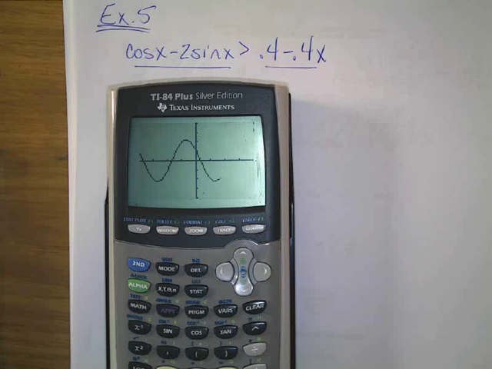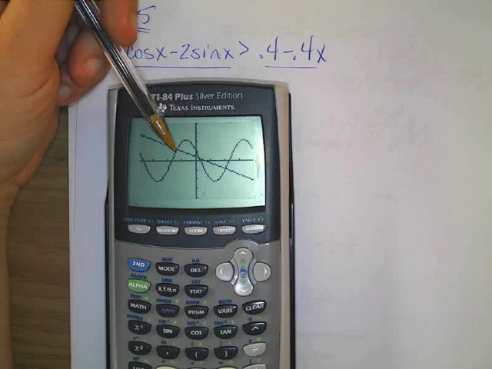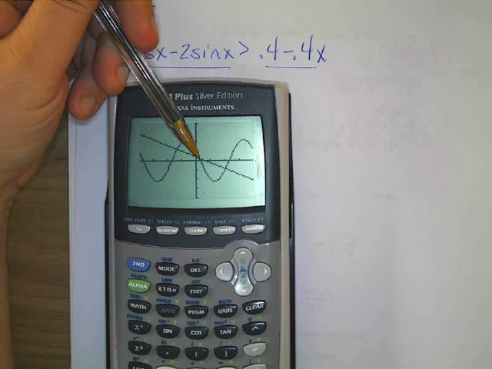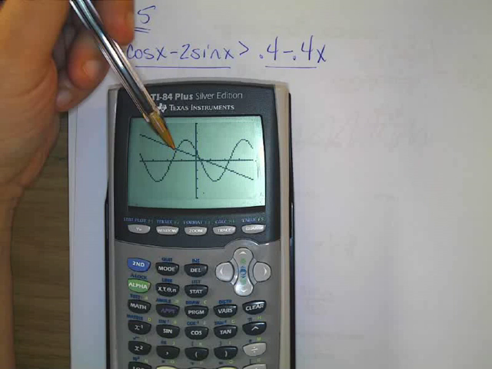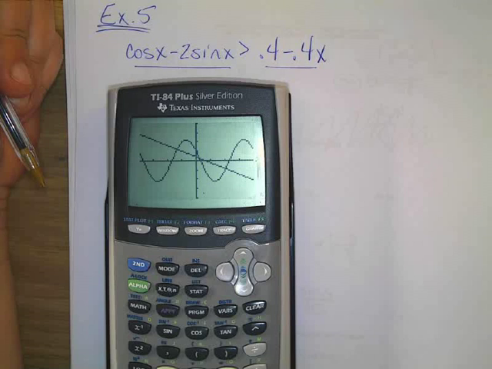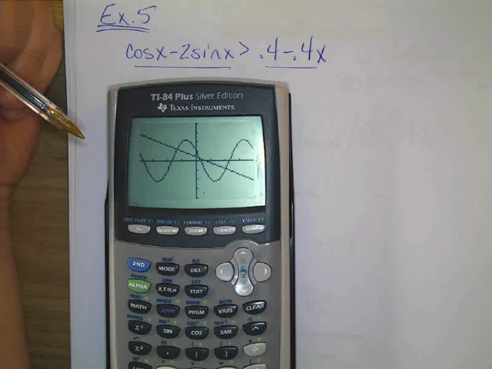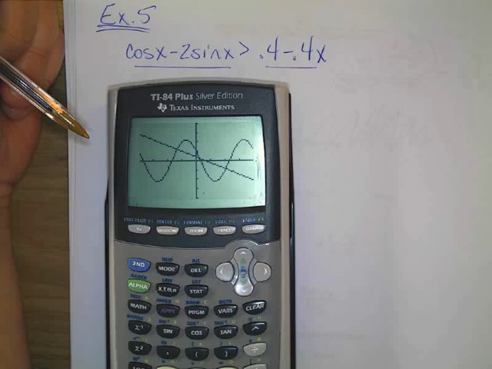There's my curve. I want to know when this is bigger. So I kind of got to pay attention. So it's definitely bigger from here to here, yes? So find this intersection and find this intersection, please. What's the first one?